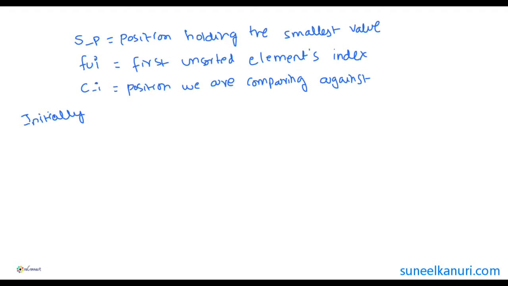since all of the elements are unsorted, our first unsorted element's index is going to be 0. To make it easier, let me write down the indexes 0, 1, 2, 3, and the values 8, 12, 6, and 5.